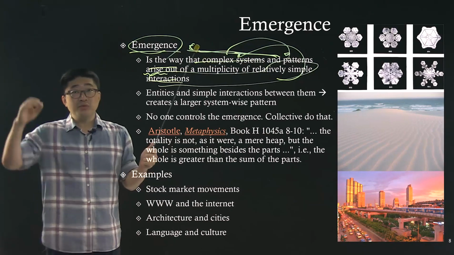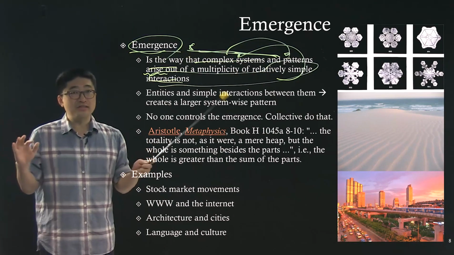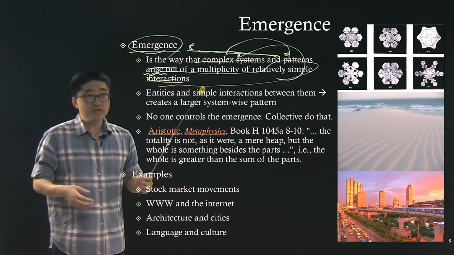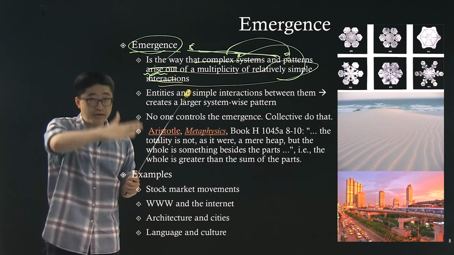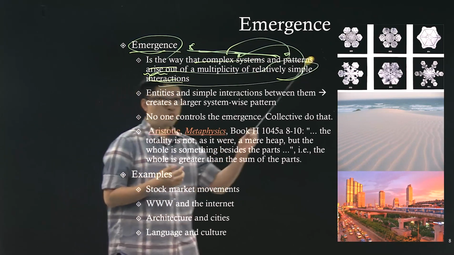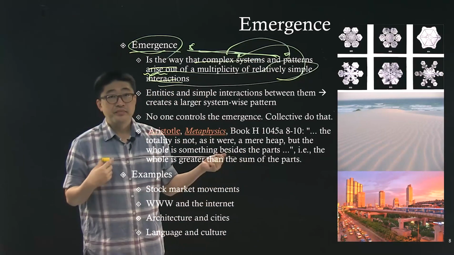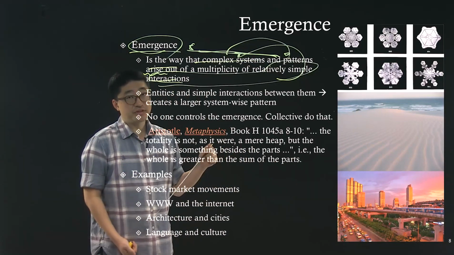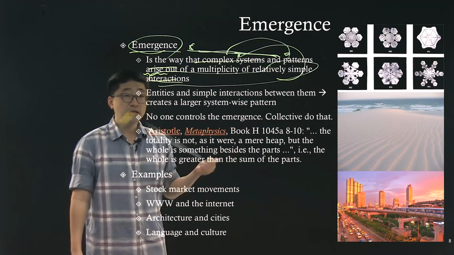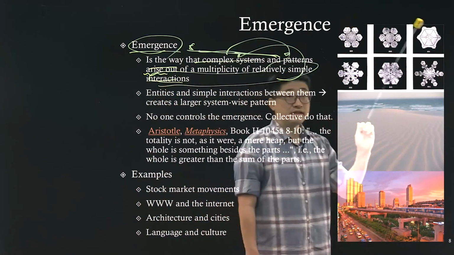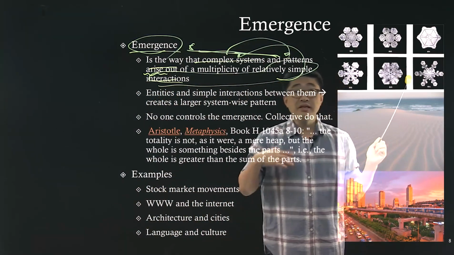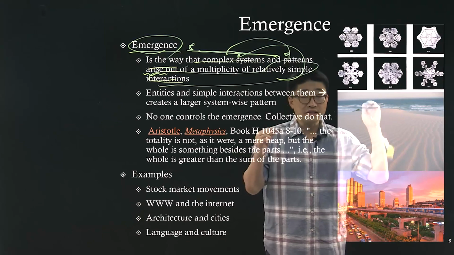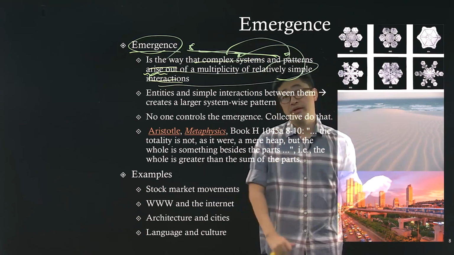And then when that snowflake becomes large enough and heavy enough, it falls down. And we see this result of the interactions as an emergence. Okay? These beautiful patterns emerged out of simple interactions between the water molecules.